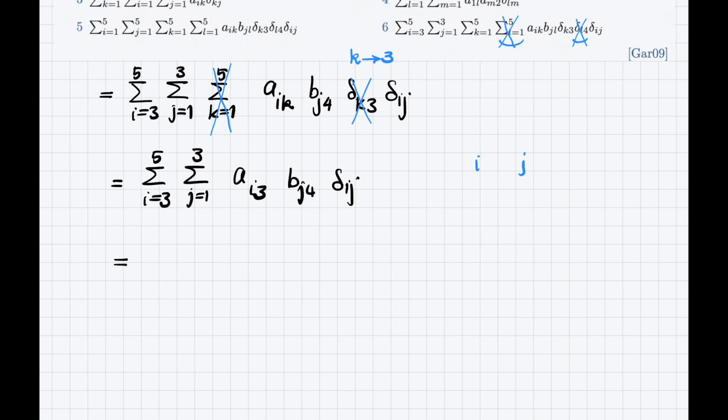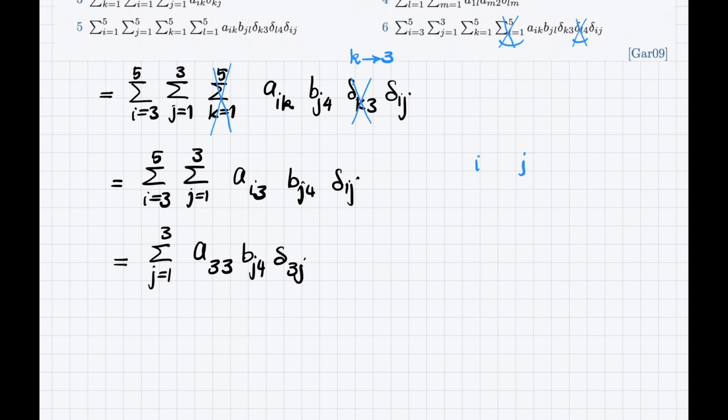So I continue. I would say that if i is 3, let me write this sum for i equal to 3 and for more than 3. So assume that i is 3, then this becomes sigma j goes from 1 to 3 a, but instead of i I put 3, and then the second one is also 3. Then I will have b_j4, then I have delta_3j.